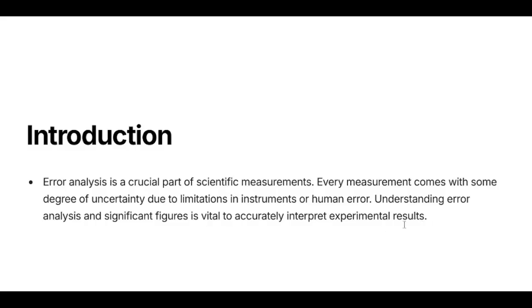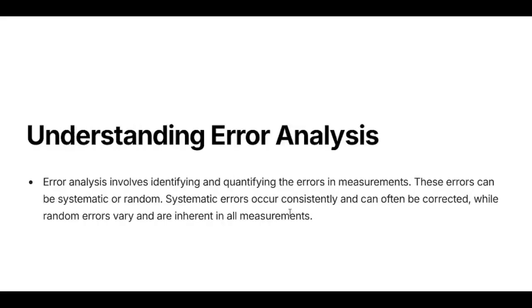So every measurement comes with some degree of uncertainty due to limitations of the instruments or even humans. And trying to understand or analyze this error is significant in trying to get pure, reasonable, accurate readings. So let's go forward.